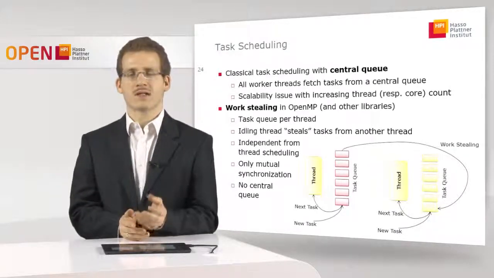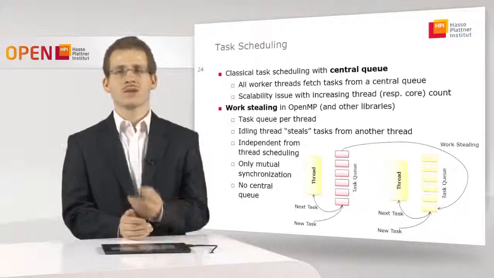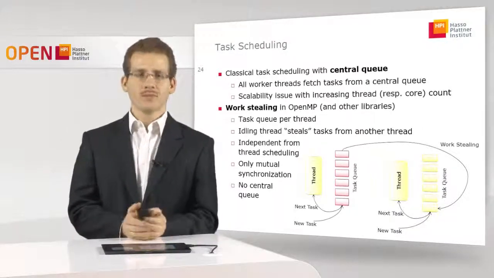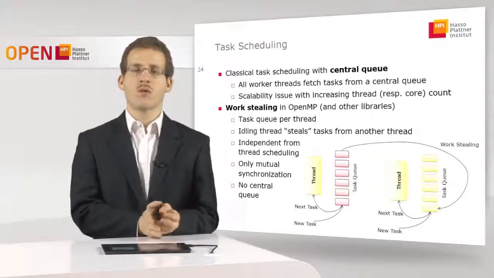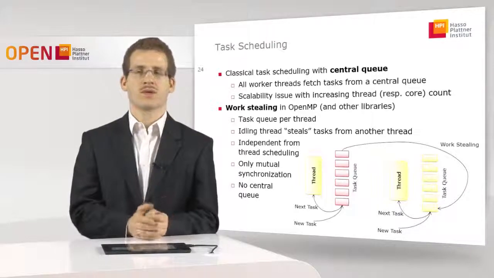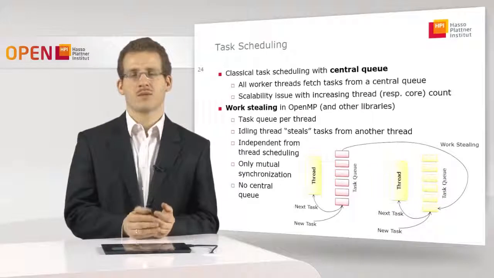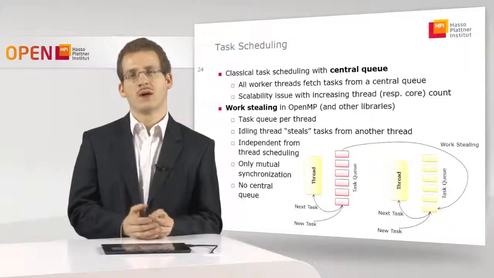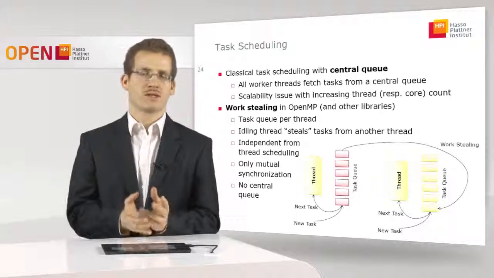So it steals the task to be executed from the overloaded thread and puts it into its own work queue. This is implemented in a way that the stealing of tasks and the local work of the thread that is already overloaded do not influence each other, because tasks are taken from the top of the queue, while the fresh work for the thread is taken from the bottom of the queue. So as you can see here in the picture.